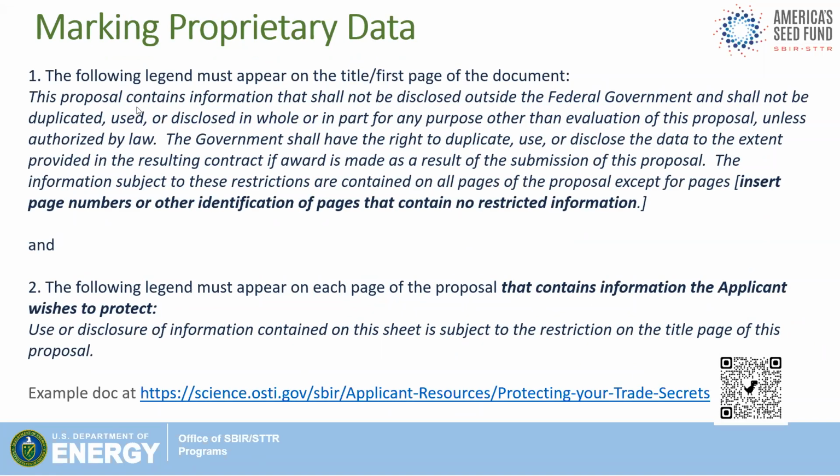So here's how it works. On the title or first page of the document containing proprietary information, you must put this legend on. I won't read the whole thing, but it ends here with the bold. In the bold, you will insert page numbers or other identifications of pages that contain no restricted information. Okay, so that's different than what we used to do.